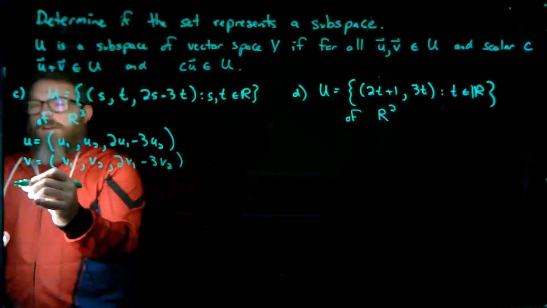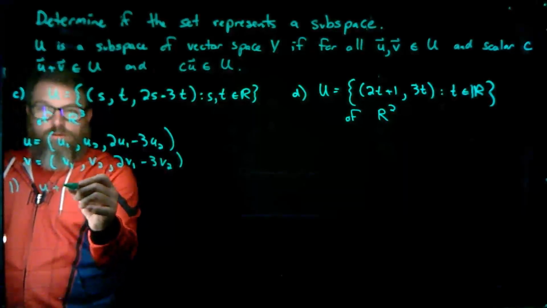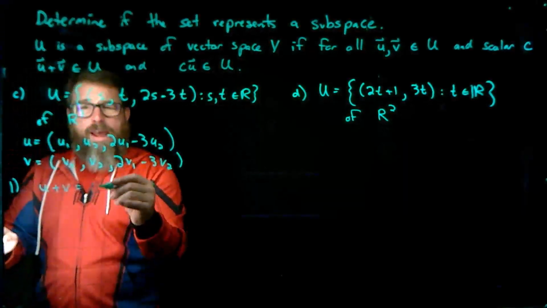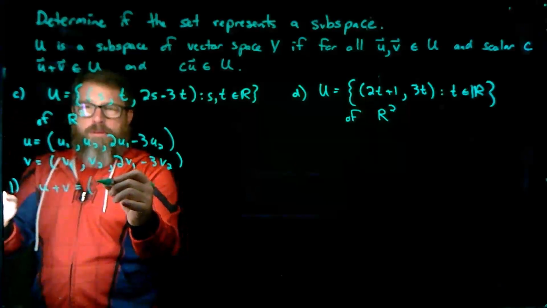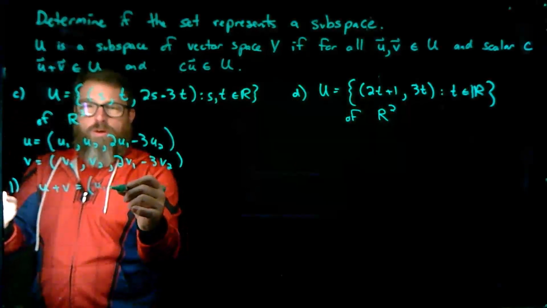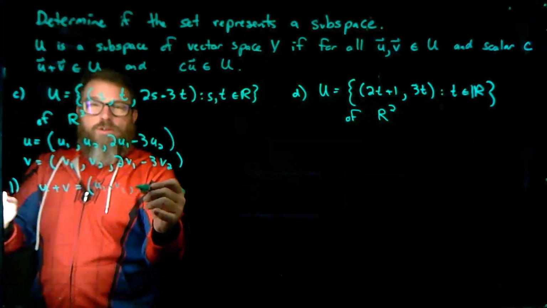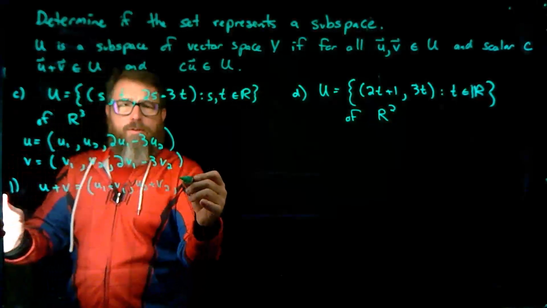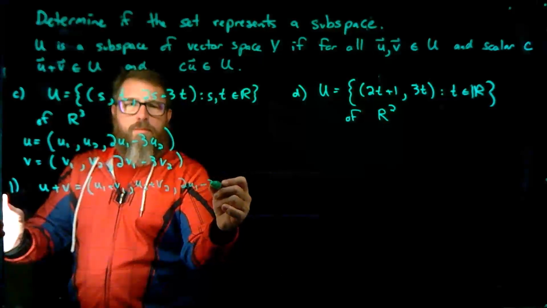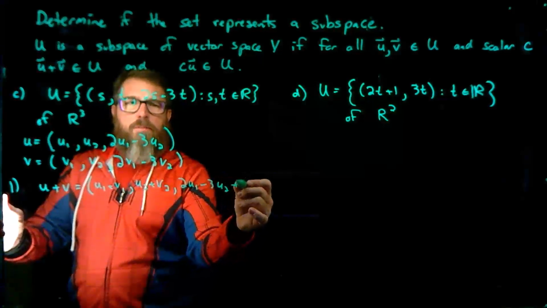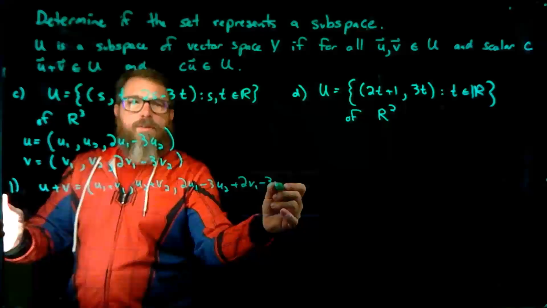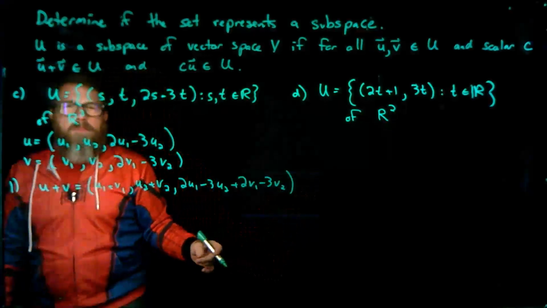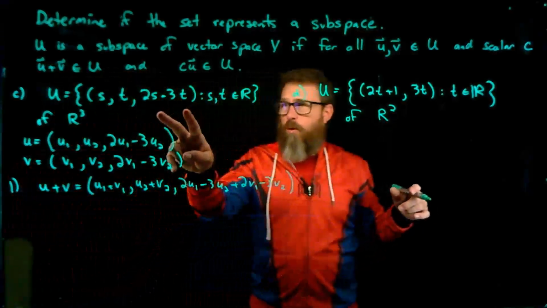Now when I want to check that first property, is it closed under addition? U plus V. When I add these two vectors, I'm going to add their common components very much like matrices. So U1 plus V1, and then U2 plus V2, and then I'll have this addition: 2U1 minus 3U2 plus 2V1 minus 3V2. Now our job is to say that it's of this form.